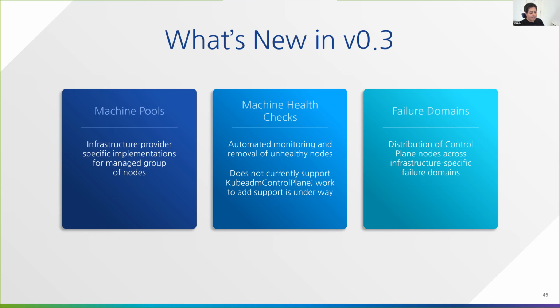Also new was machine pools. If you want to use things like auto scaling groups and their equivalents in Azure, machine pools is a new API for doing that. Machine health checks are a way of deciding what to do when something's happened with a machine. It's a pluggable model.